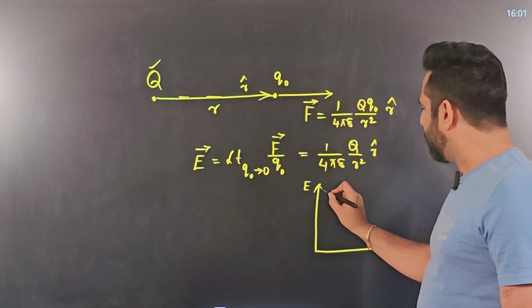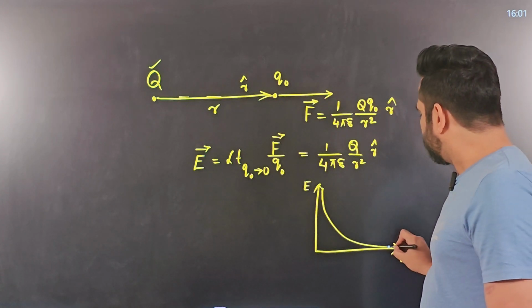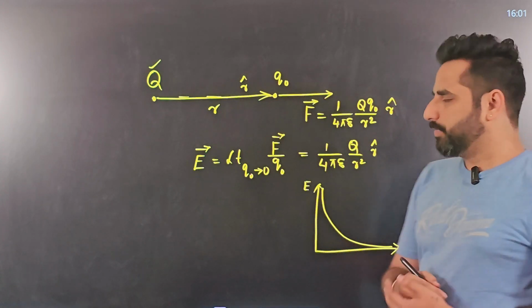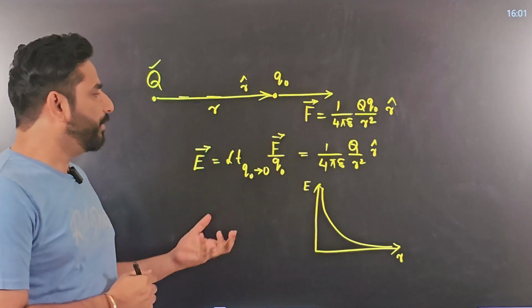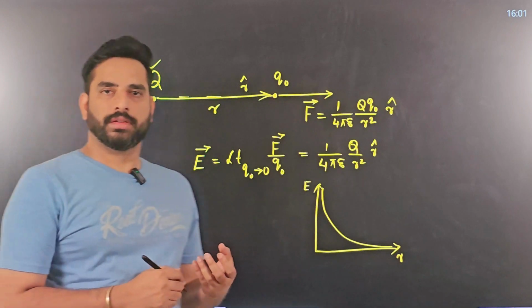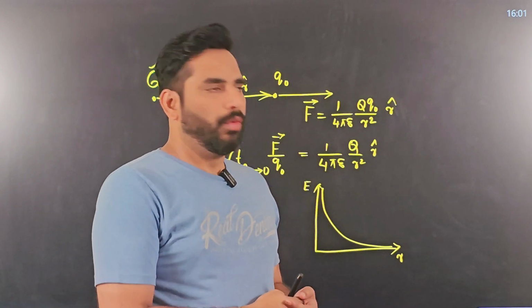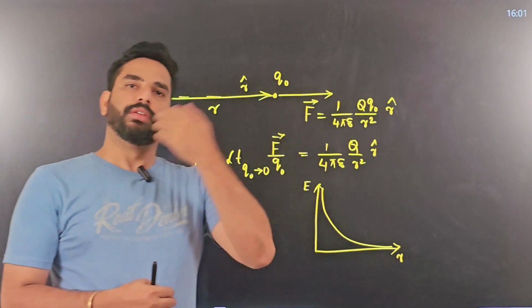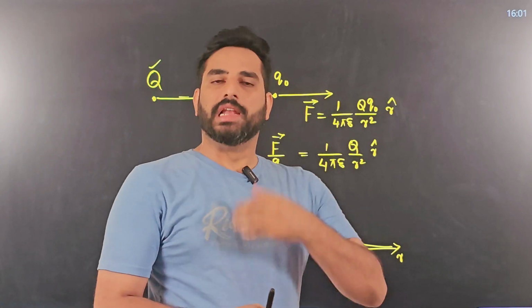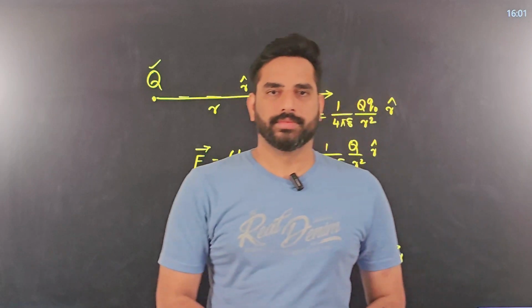As r tends to 0, electric field is infinity, and as r tends to infinity, electric field is tending to 0. So this is how we derive the electric field created by static charges. We can extend this result to the electric field created by a ring of charge, a disk of charge, a linear charge, and so on.